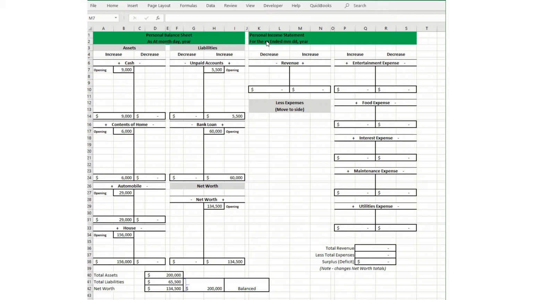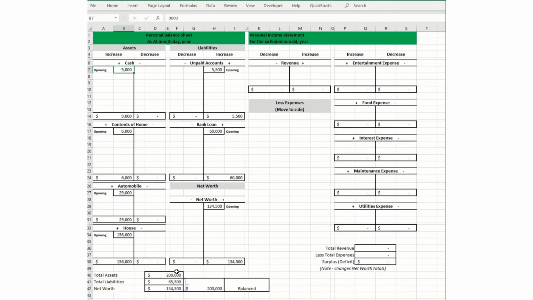I've already taken the privilege of walking through and entering the opening balances. So again, if you look on page 8 of your workbook, it has the balance of cash at $9,000, the contents of home at $6,000, automobile at $29,000, etc. I have inputted formulas, which if you're doing this on paper, you would have to do the manual calculations.